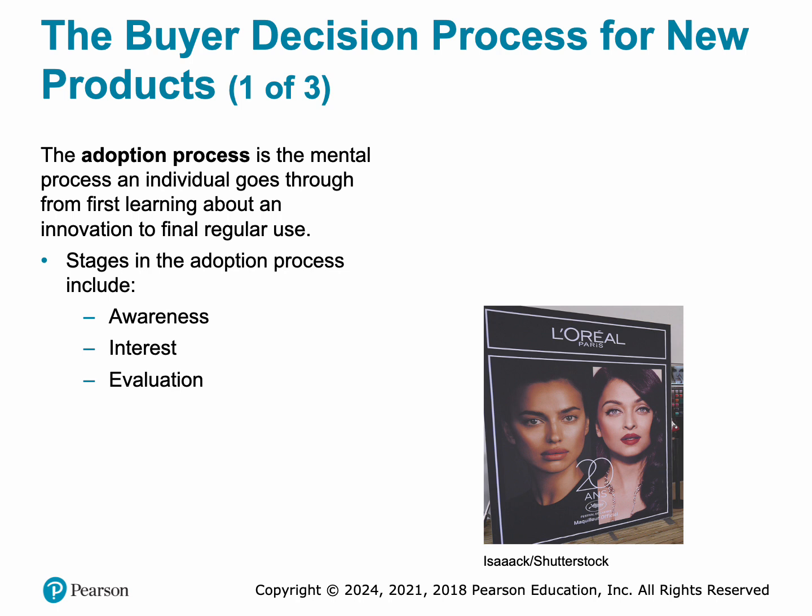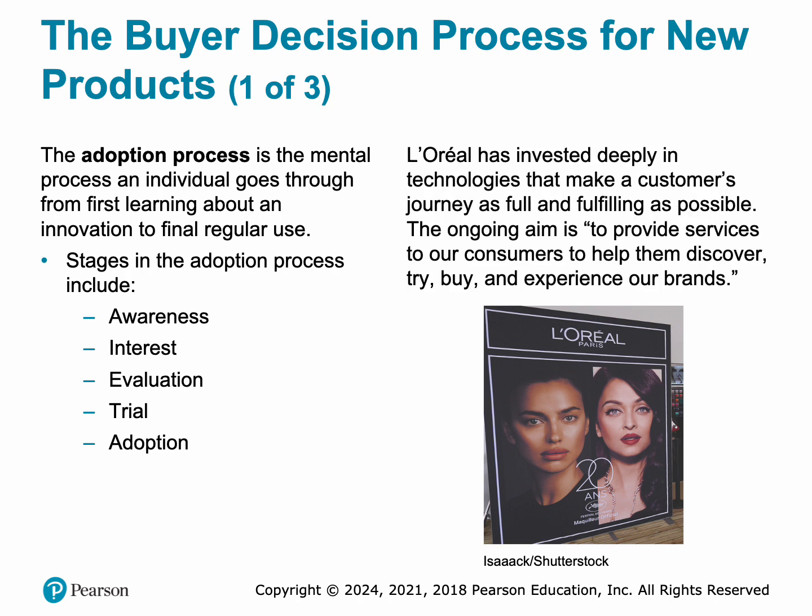The consumer considers whether trying the new product makes sense. Trial. The consumer tries the new product on a small scale to improve his or her estimate of its value. And finally, adoption. The consumer decides whether to make full and regular use of the new product.